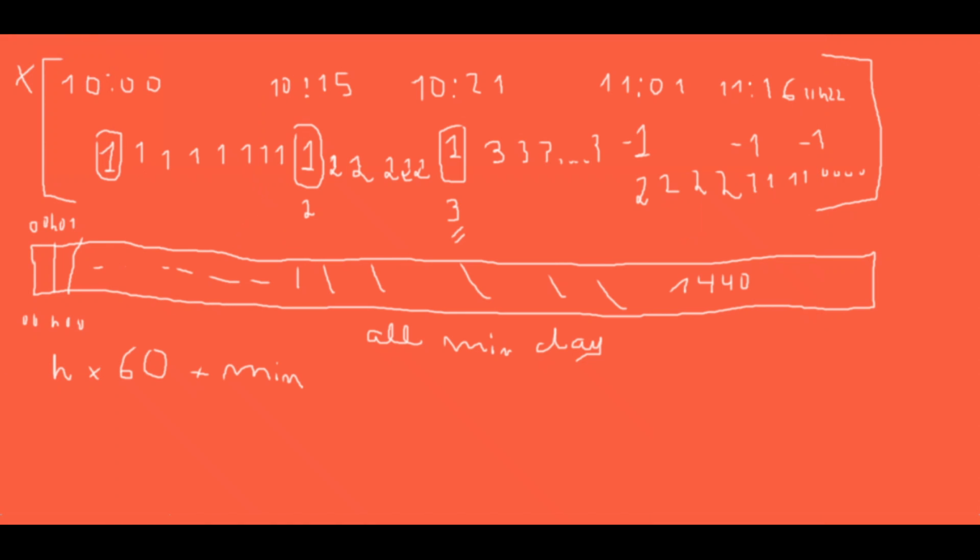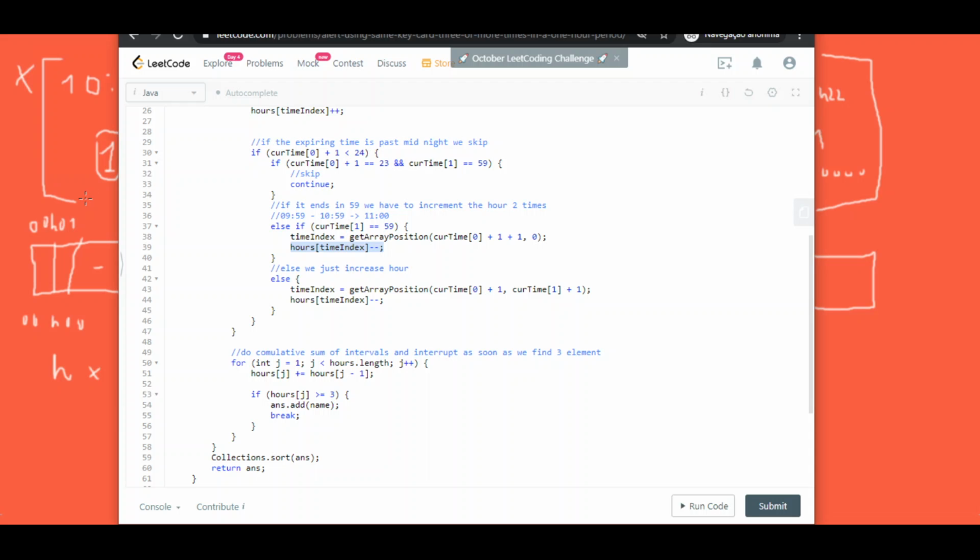Just like I told you here, you have the starting position that you mark with 1, and the end position, which is 1 hour plus 1 minute, you mark with -1, so that you can accumulate and have the current count in each minute, and past this time it is 0 again. Hope this has been clear enough.